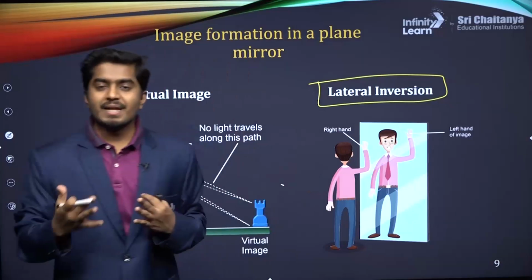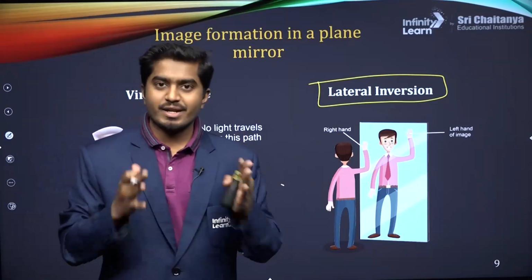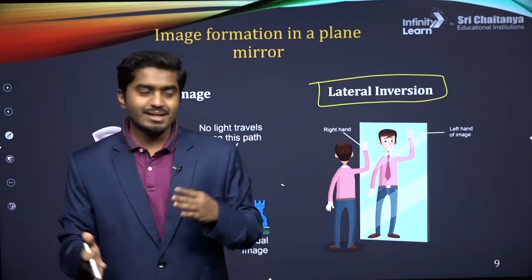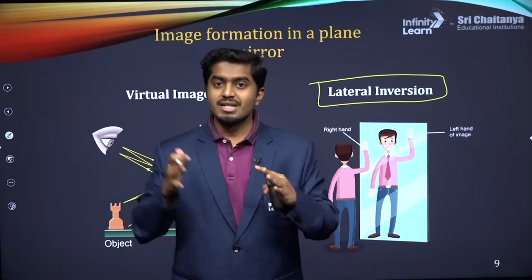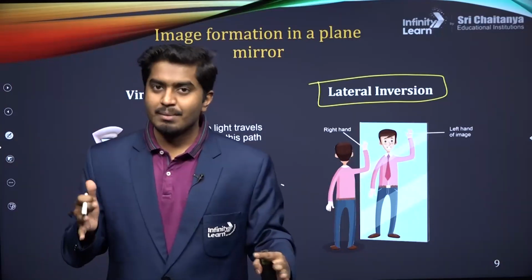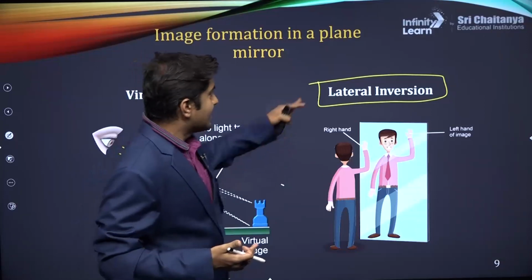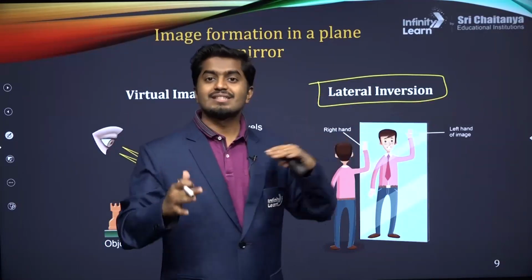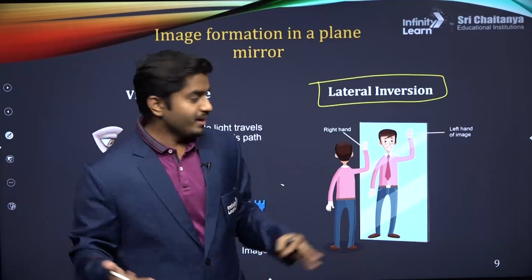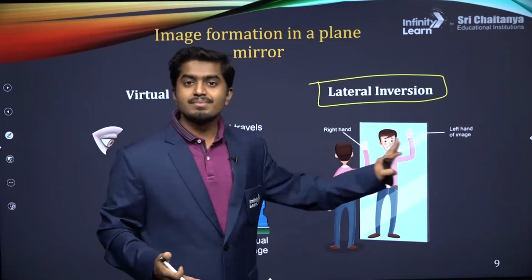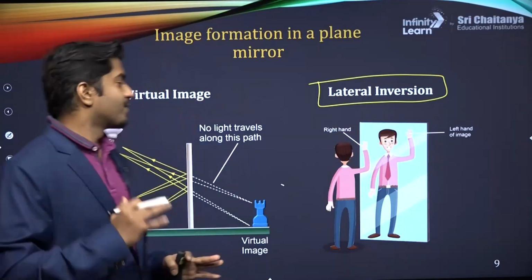So because of the plane mirror, everything else, for example, the shape and size of the object and the shape and size of the image, they are exactly equal. But what is different? It is laterally shifted. There is a lateral inversion, right? Right becomes left, left becomes right. That is the only difference.